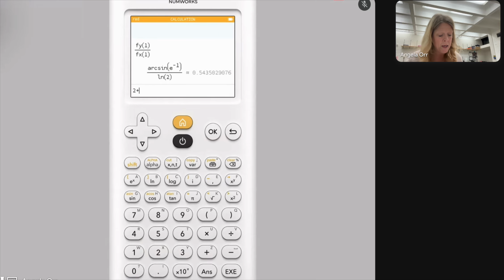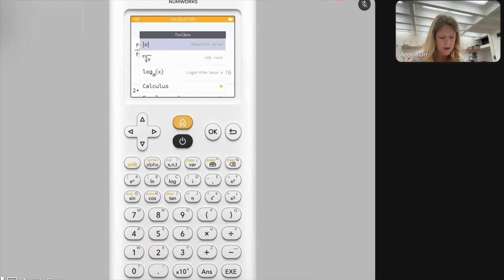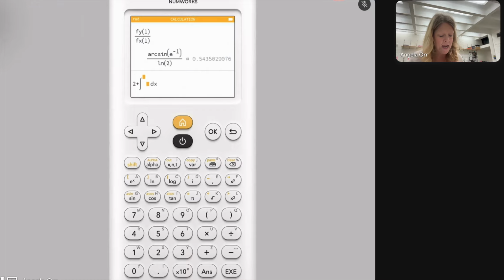Now I'm going to go into the toolbox and down to calculus, our favorite menu on NumWorks, and grab the integral. I want to go from 1 to 3.